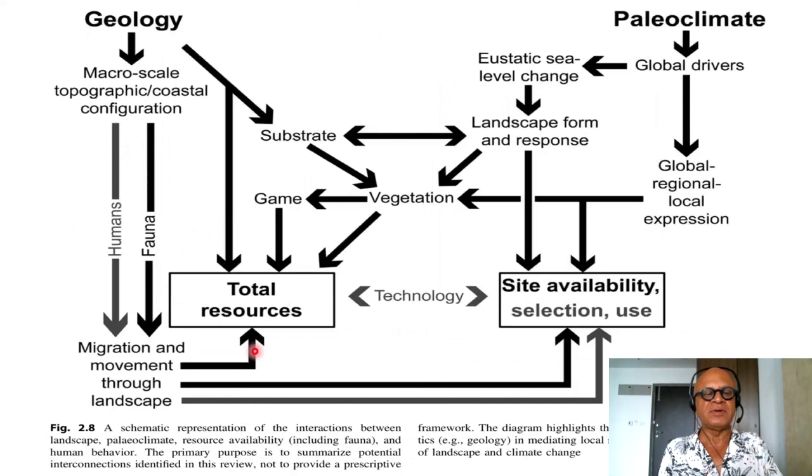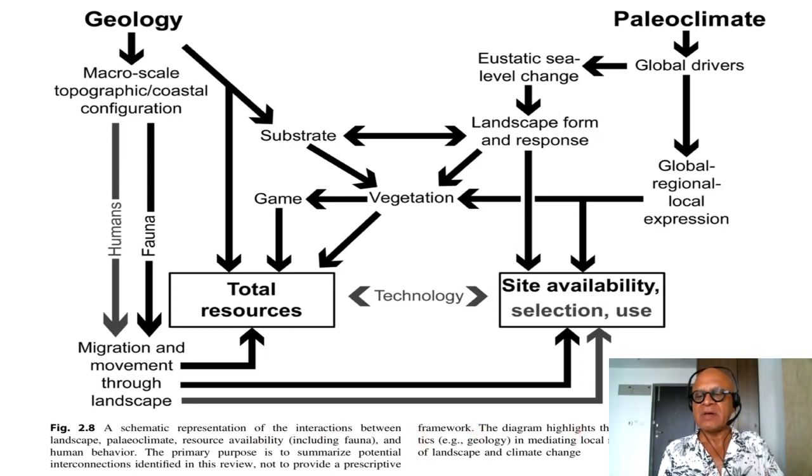And the book provides one chapter, the second chapter, where a schematic is provided for representing the interaction between landscape, paleoclimate, resource availability including fauna, so animals, and human behavior. The primary purpose here is to summarize potential interactions identified in the review in this chapter, and not to provide a prescriptive framework.